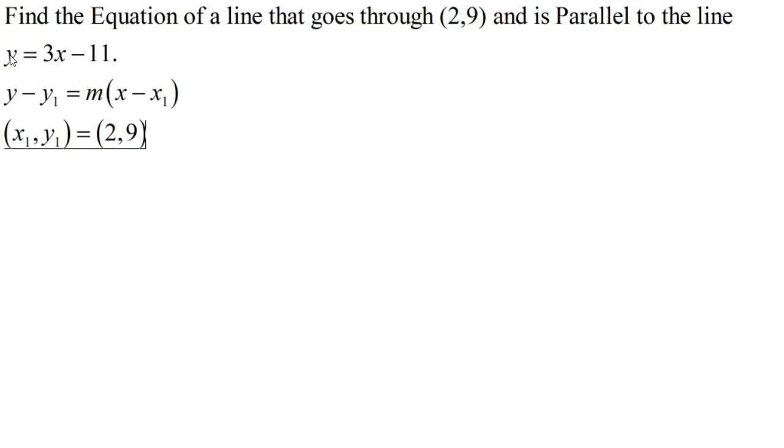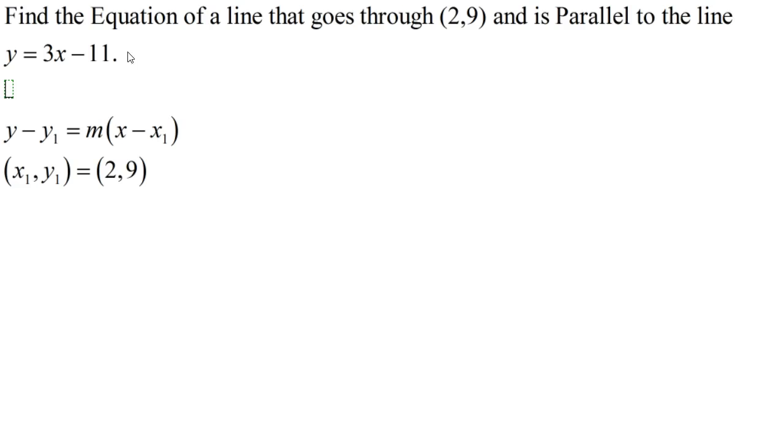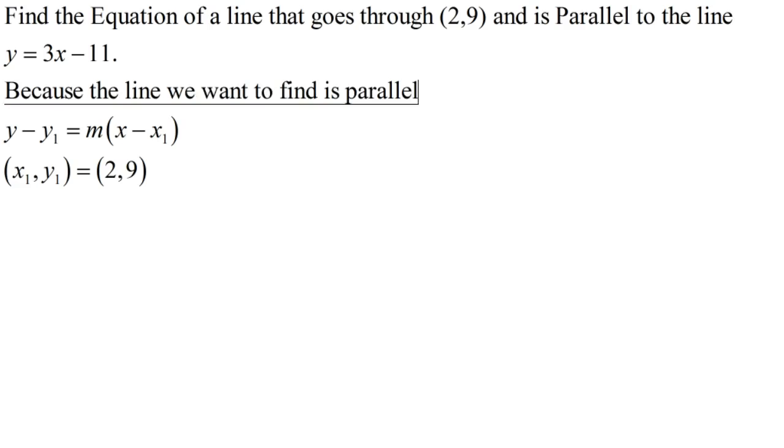If we know that this line is parallel to the one I want to find, then this line will give us the slope. The slope is actually right here because the y is isolated, the slope of this line that we were given. Now, because the line we want to find is parallel to this one we were given, for that reason the slopes are the same.